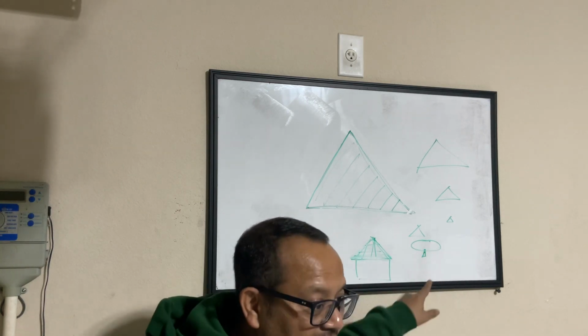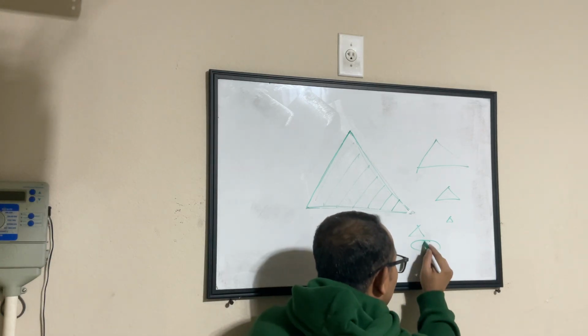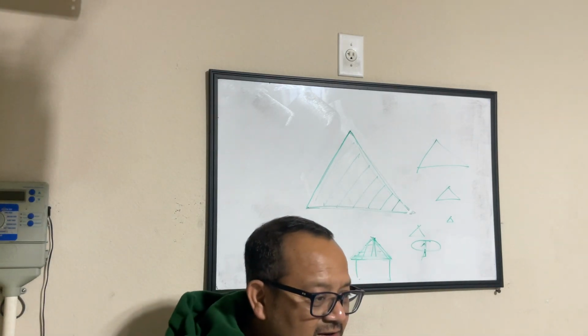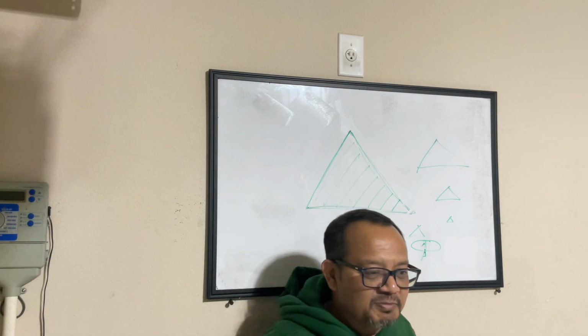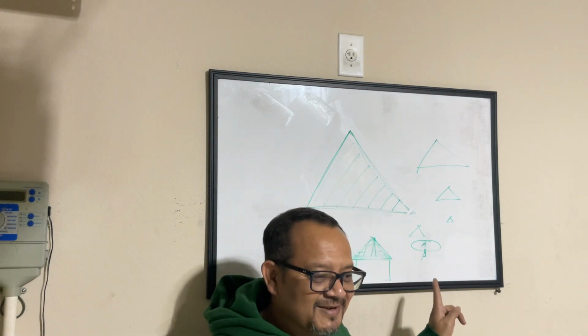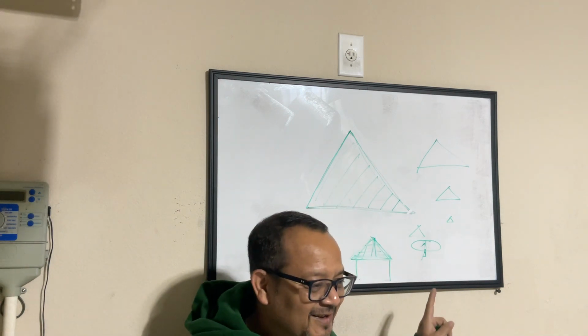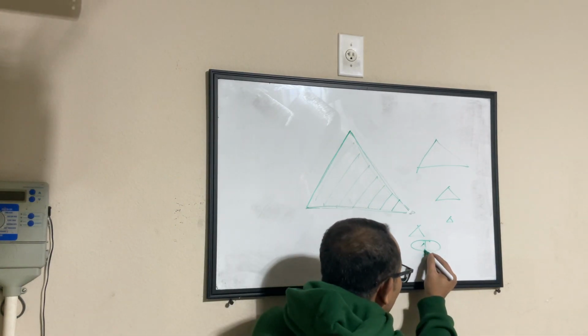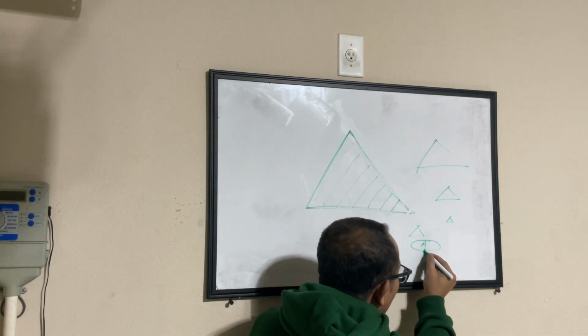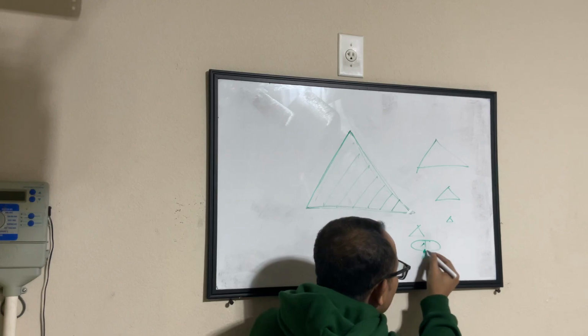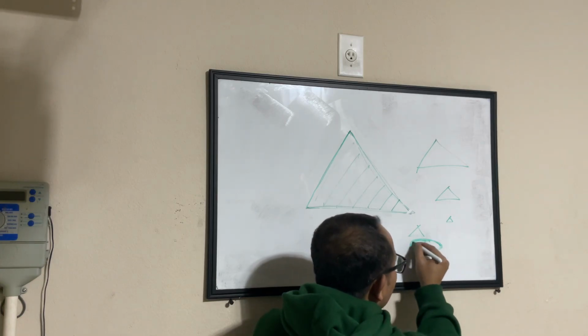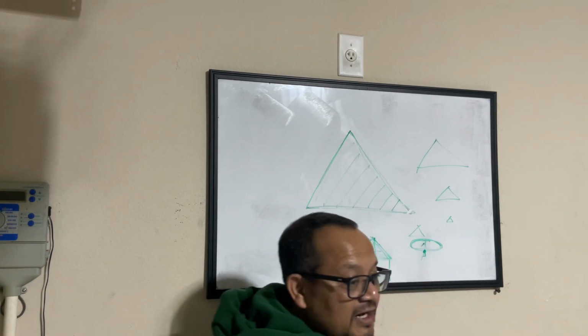What will happen if I stand on this? It will just pierce my feet. Standing on a nail, right? So what it means is the area of the nail is much smaller than the area of my feet. That's why I'm not going to stand on this one.